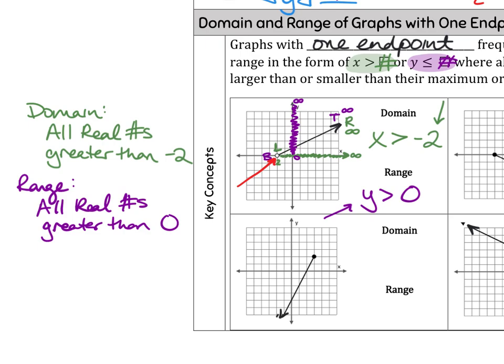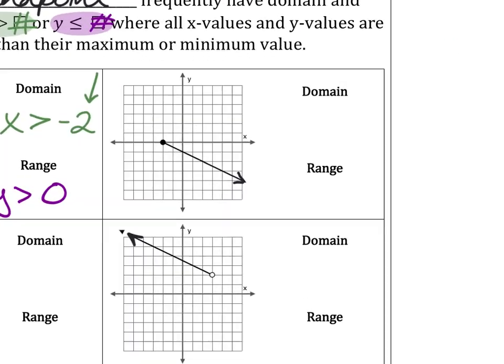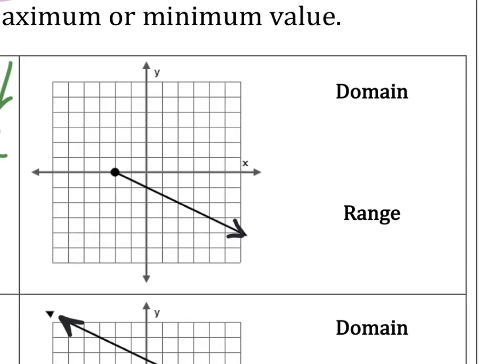Let's see a couple more examples. I'm going to zoom in on this one so you can stay focused with me. So if we're asking for domain and range again, couple things you notice. Number 1, closed dot. Great, we noticed that. Number 2, arrow, so we have 1 endpoint. We're looking for the maximum or minimum x value.